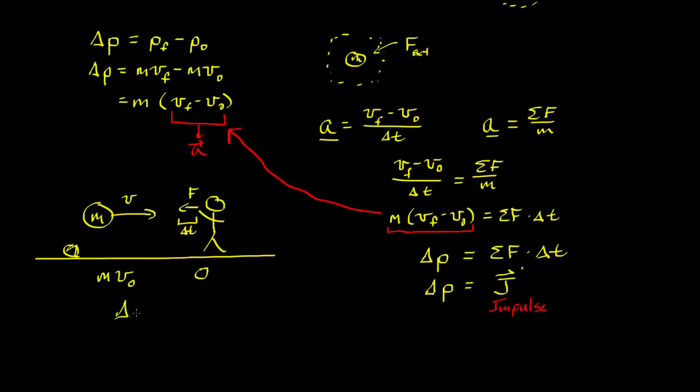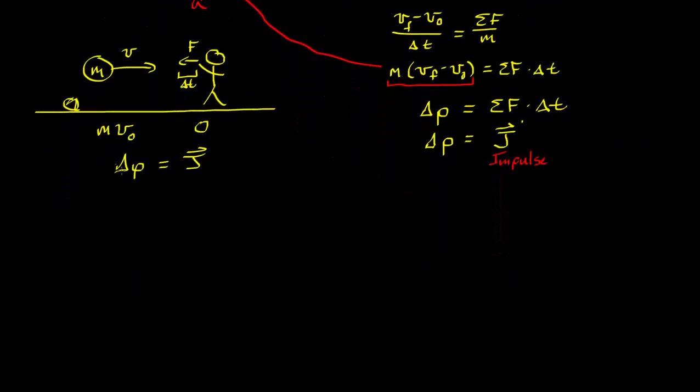So what we would start is that, well, our change in momentum is defined as the impulse. So the change in momentum would be the final momentum minus the initial momentum equals impulse. And impulse is just going to be your average force times delta T.